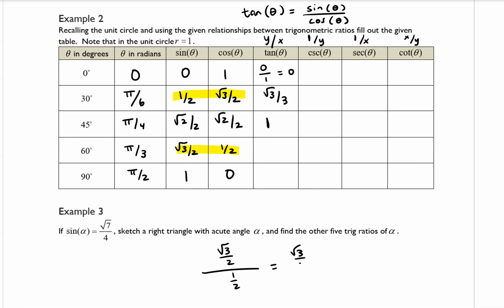And I'm going to have to multiply by the reciprocal, and the 2's will divide out and leave me with the square root of 3. And then tangent of 90 degrees is equal to 1 over 0, which hopefully you have seen in a math class by now that you cannot divide by 0, and so this is actually undefined.